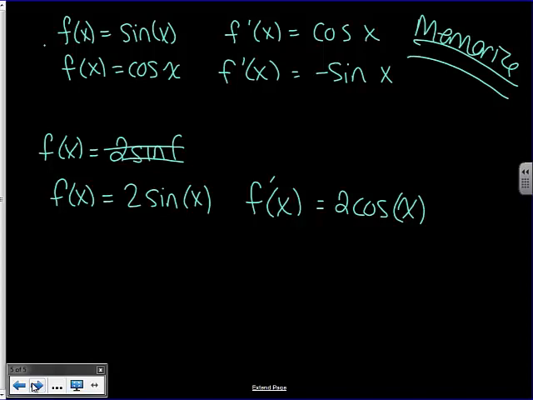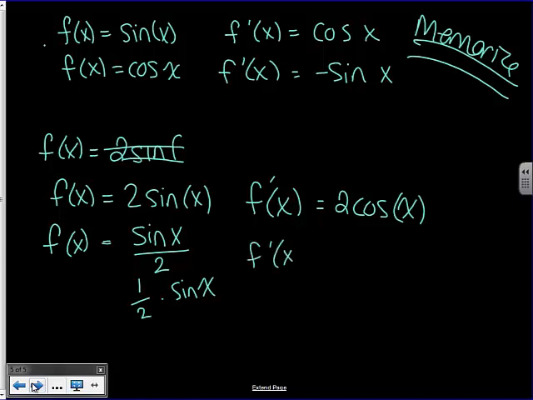If I give you f of x is sine x divided by 2, well, that's the same thing as 1/2 times the sine of x. I hope y'all can see that. Well, derivative of sine of x is what? Cosine x. So it's 1/2 cosine x.